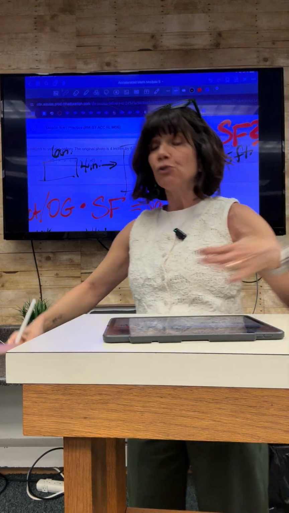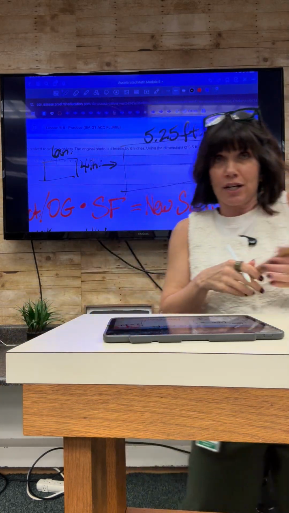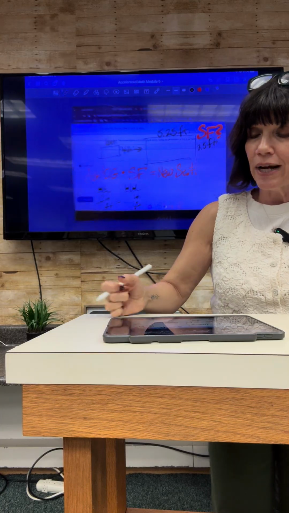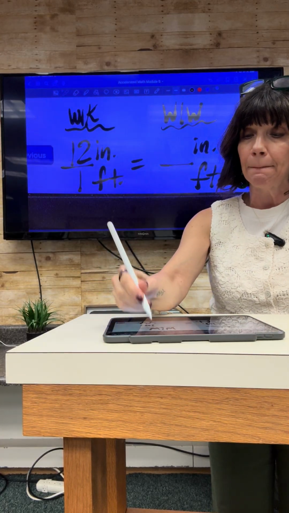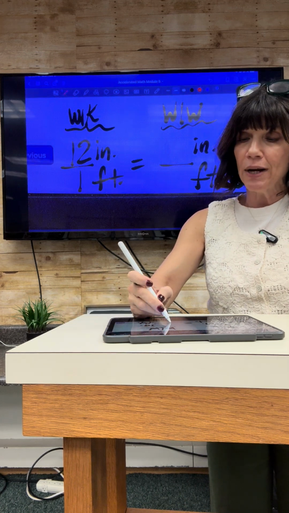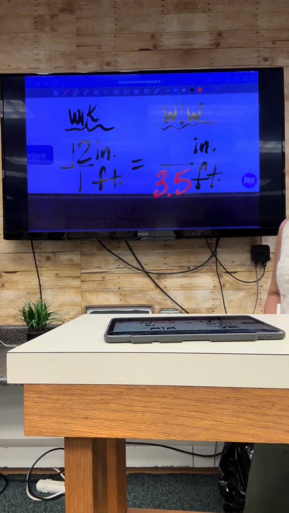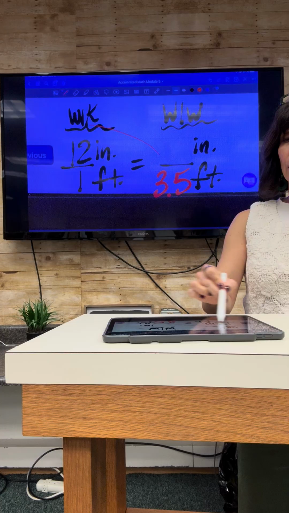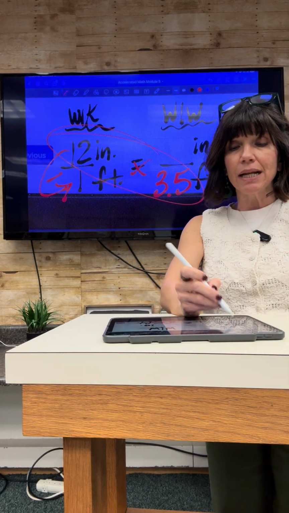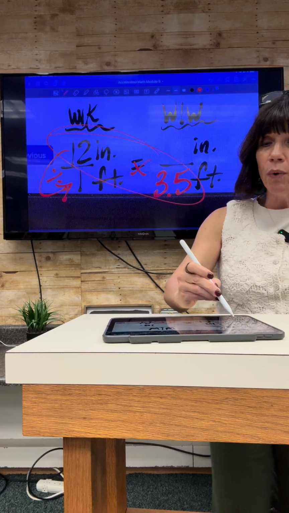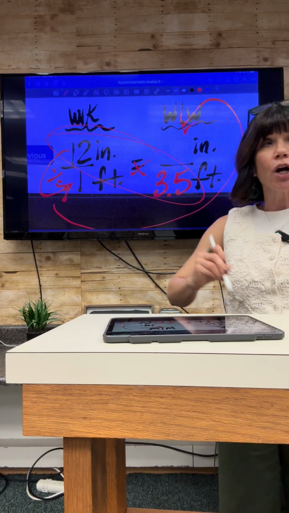Say it. 3.5, just because it is shorter. Yes, you may start walking. 3.5. So in place of what? Inches or feet? I will write 3.5 in front of feet. I will then what? Cross multiply, divide by lonely number 1, and I will get new number of inches.